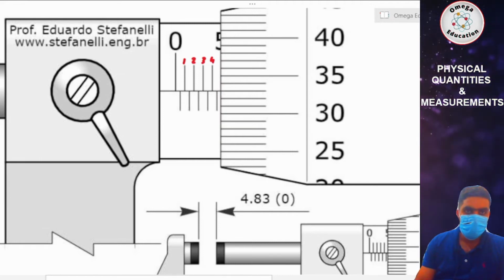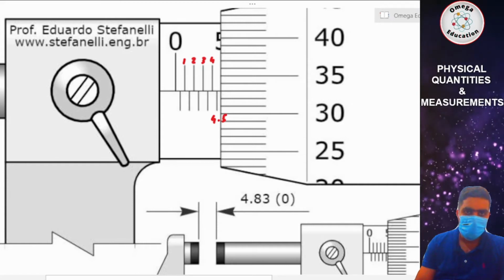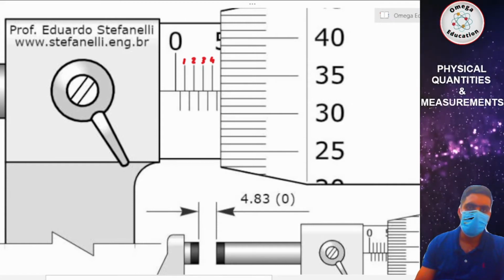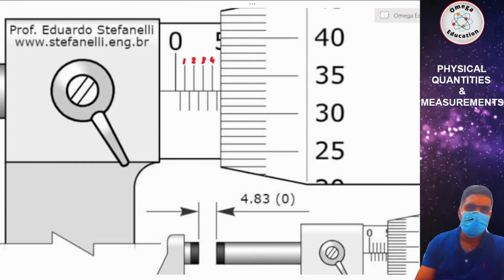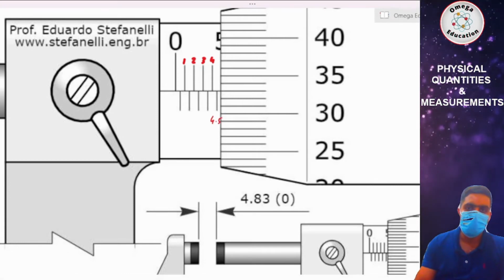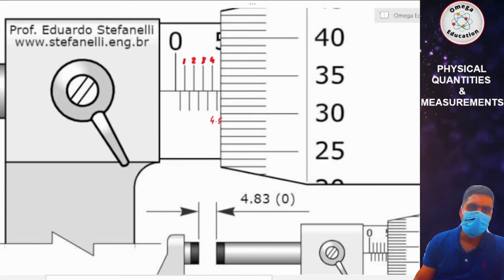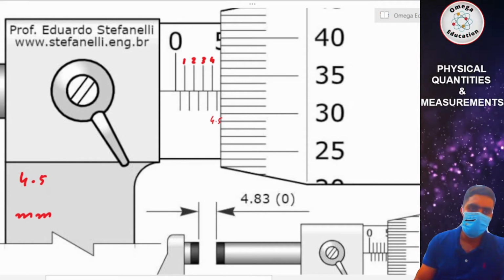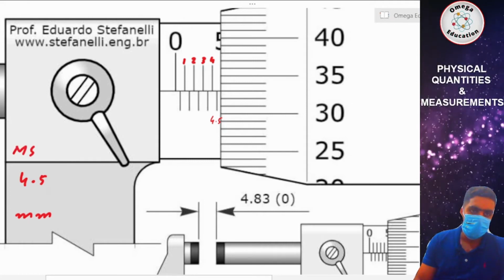It does not stop at 4, it goes till 4.5, because I told you the lower line at the bottom represents 0.5, so it is 4.5. From the main scale we have a reading of 4.5 millimeters, so you can write over here 4.5 millimeters. That is the main scale reading.